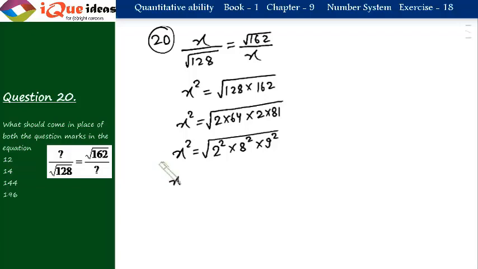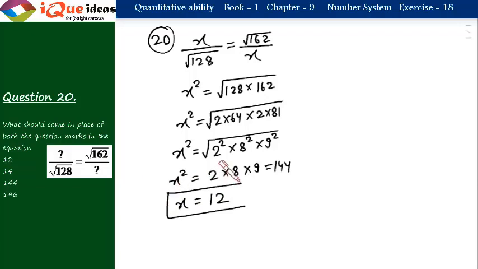So x square is equal to, now the root will be removed, and we'll get 2 into 8 into 9. Now 2 into 8 is 16, 16 into 9 is 144, which is 12 square. So x square is 144, so x is equal to 12. So the answer of the question is 12.